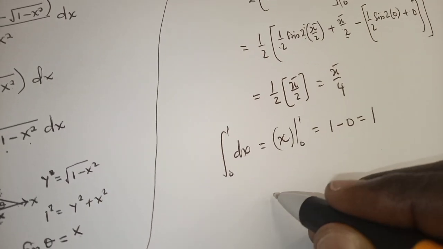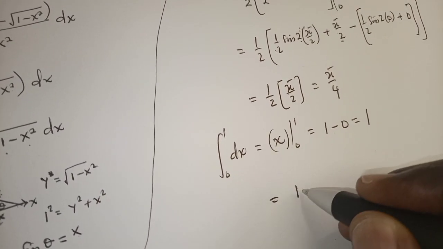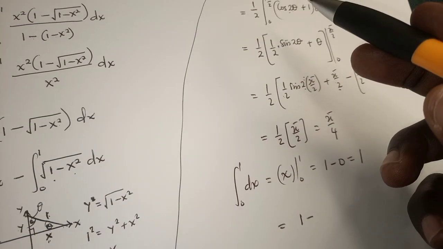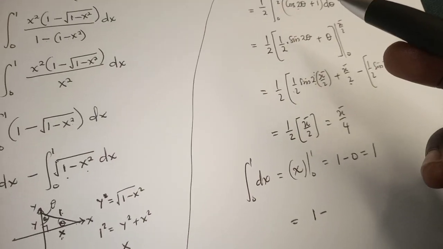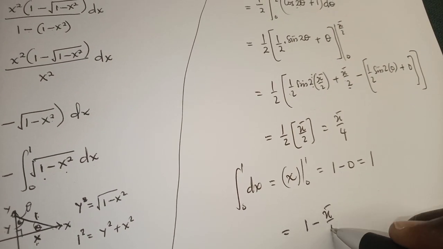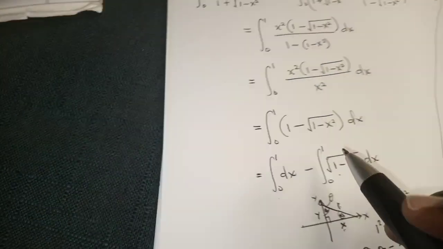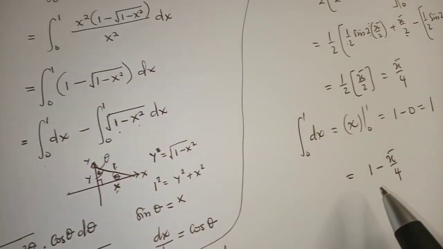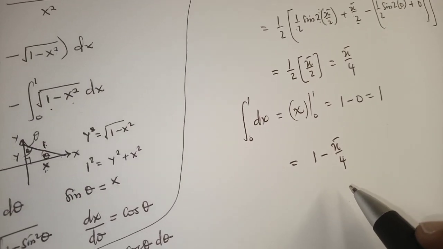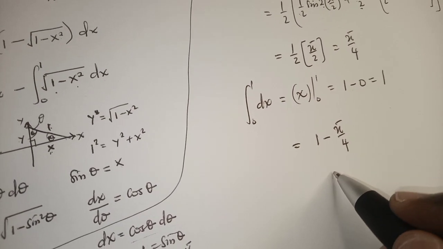So the final answer will be 1 minus, yes, it's minus, 1 minus pi on 4. That's the minus sign here. So 1 minus pi on 4, and that should be your final answer.